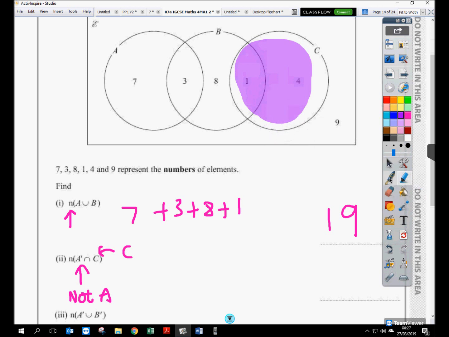So it's just going to be in C, which is 5, because you have 4 and 1.